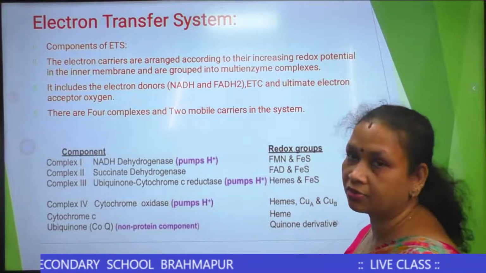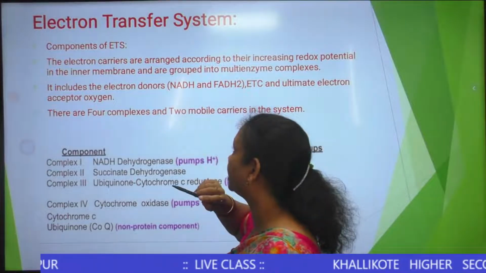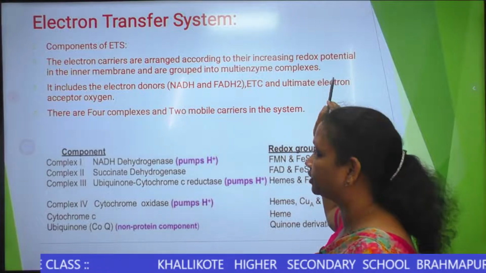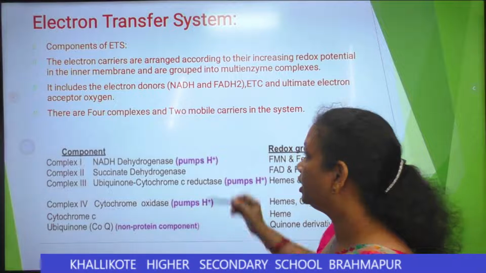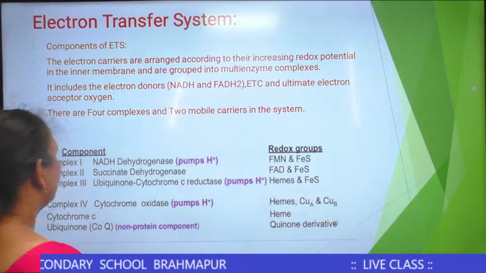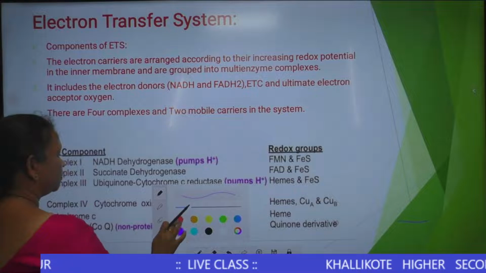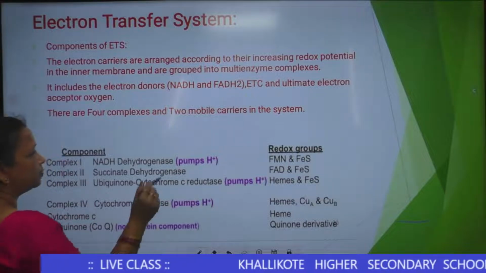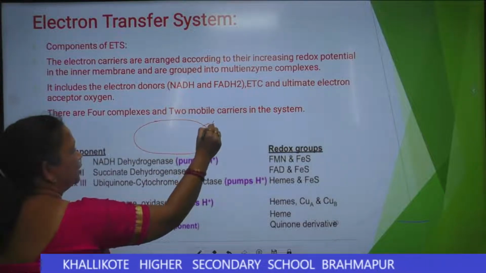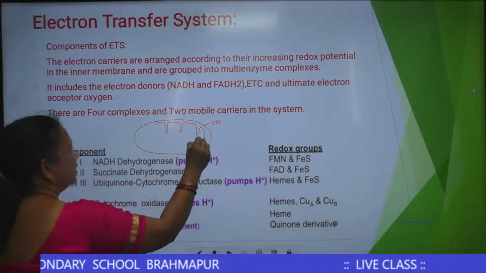So, the components of the electron transport system are a number of electron carriers which are arranged according to their increasing redox potential in the inner membrane of the mitochondria. So, these molecules will be arranged in the inner mitochondrial membrane. Suppose we take this is the mitochondria, this is the outer membrane, then you have the inner membrane with the crista.